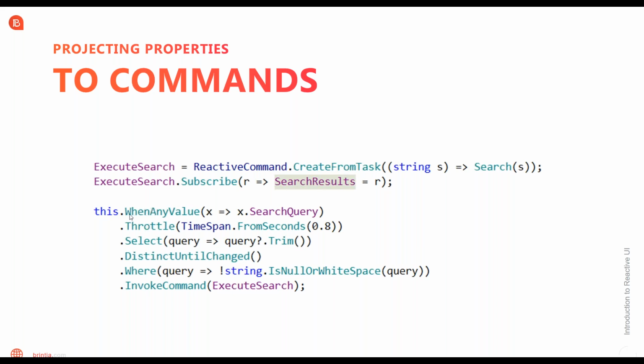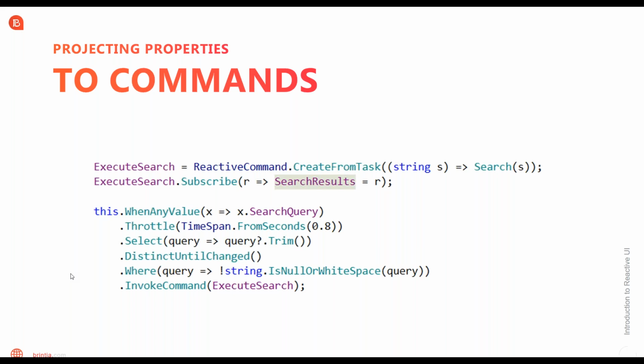And finally, when this observable has been created, the when any value throttle, where this applies that filter, this will filter out every element that is null or white space. And finally, at the very end of the pipeline, it will invoke this execute search command.